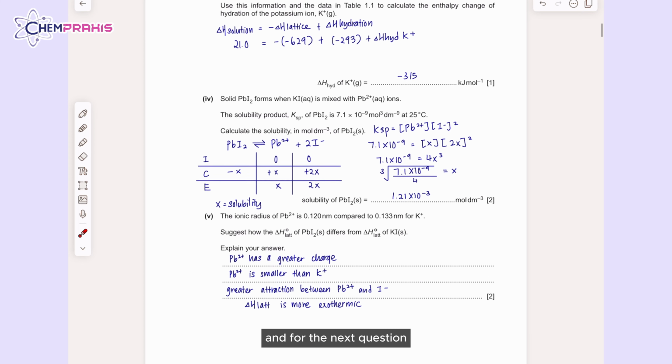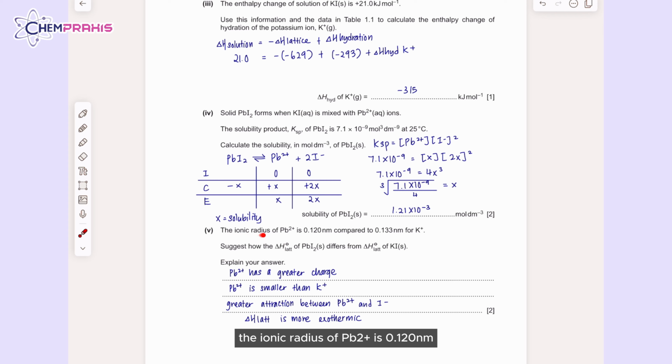And for the next question, the ionic radius of Pb2+ is 0.12 nanometer compared to 0.133 nanometer for the potassium ion. Suggest how the lattice energy of lead iodide differs from the lattice energy of potassium iodide. Explain your answer. So for lattice energy, we usually compare the charge density and the strength of ionic bond.